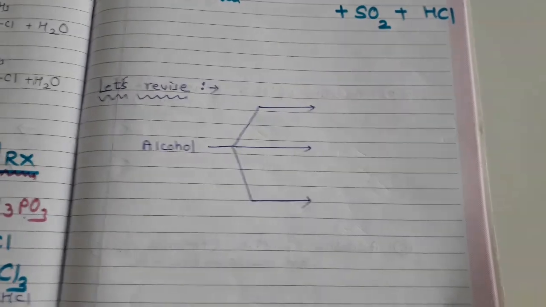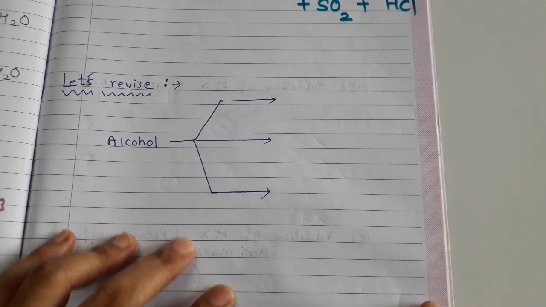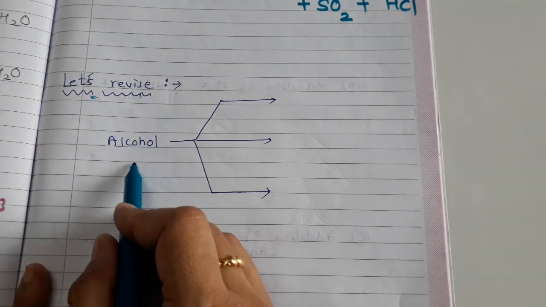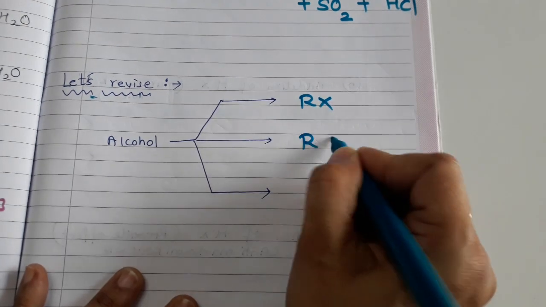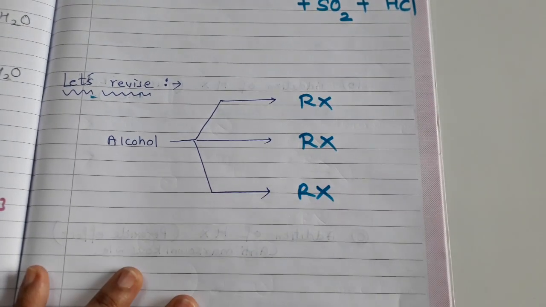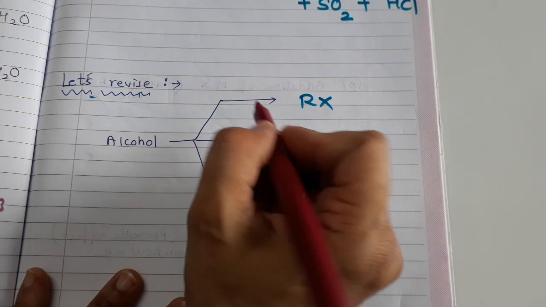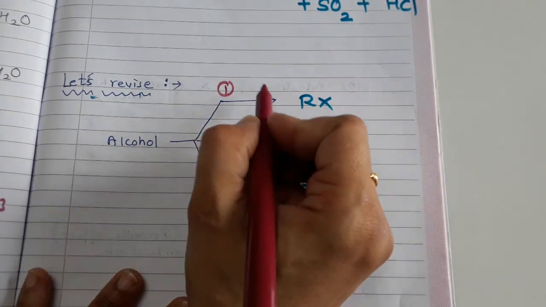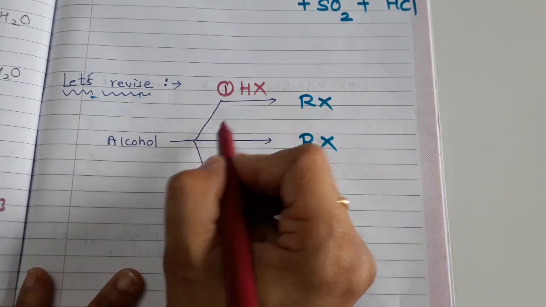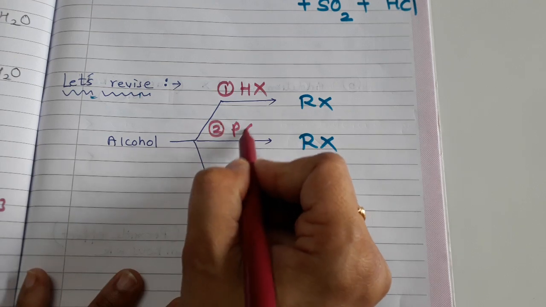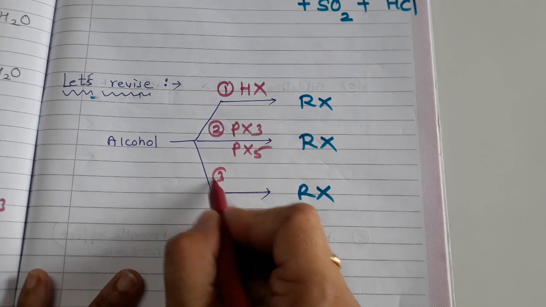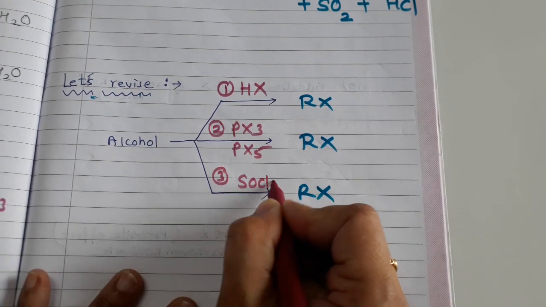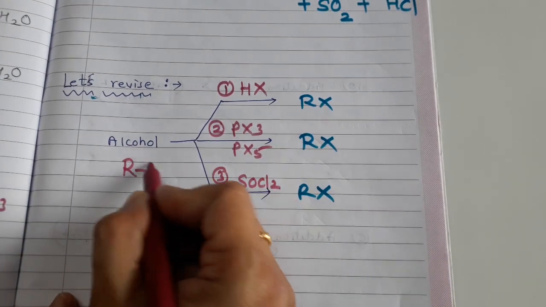Okay, so let us revise quickly what we have done so far. We have prepared RX using, can you say in your mind, yes, along with me, first was HX, second was PX3 or PX5, third is thionyl chloride. ठीक है, और एक अल्कोहल में ये याद रखना है.